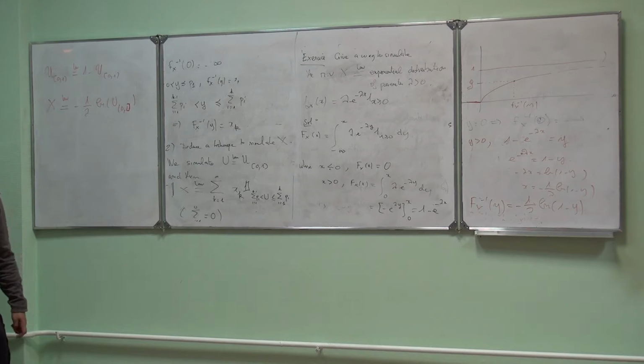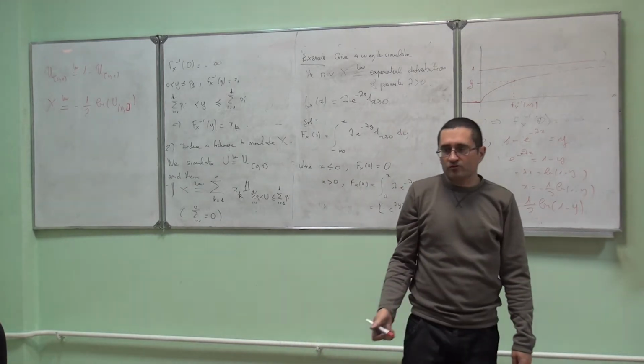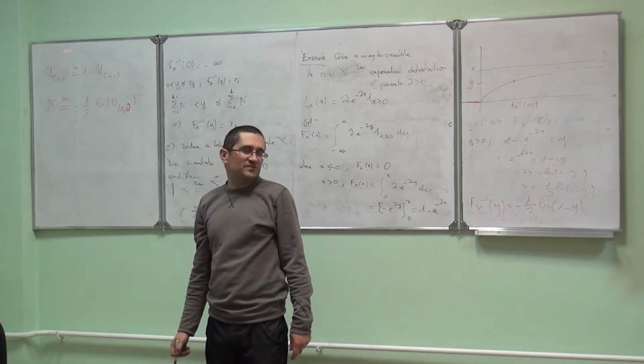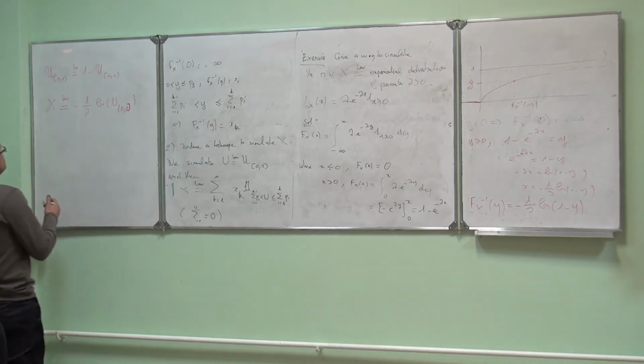But actually, there is another way. Either you reject, by the rejection method, all the possible 0 values, but there is a simple way to do it.